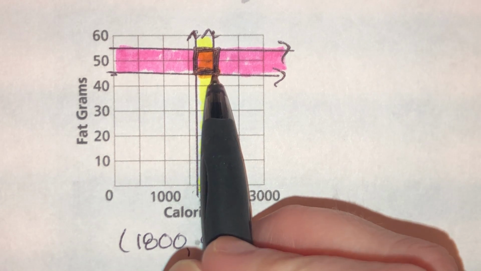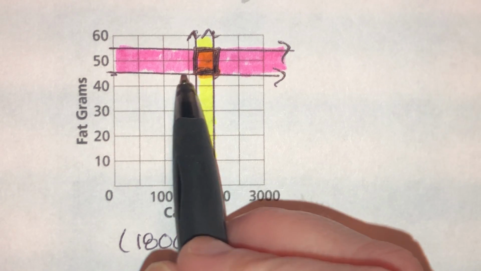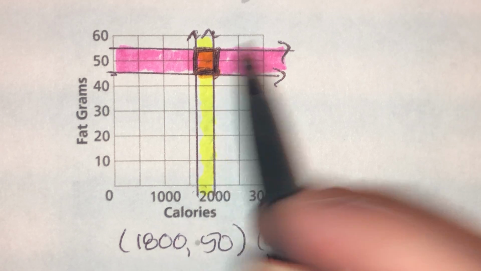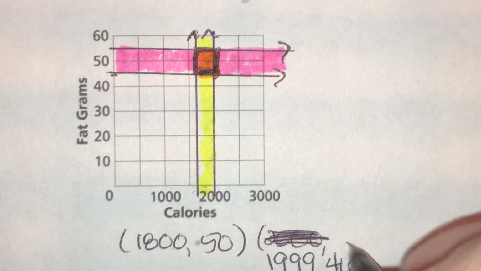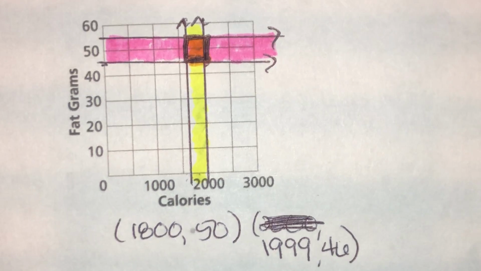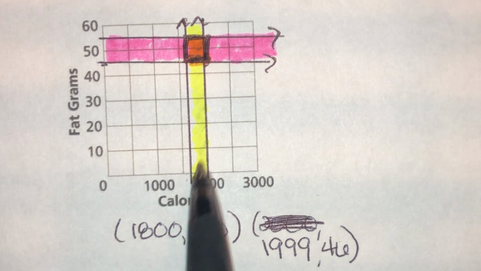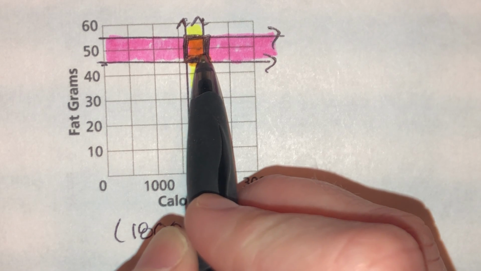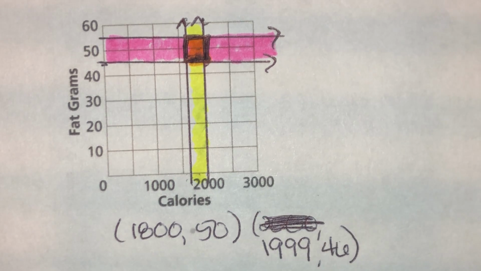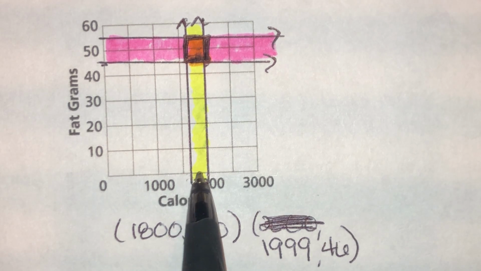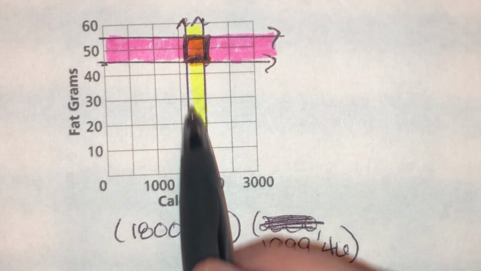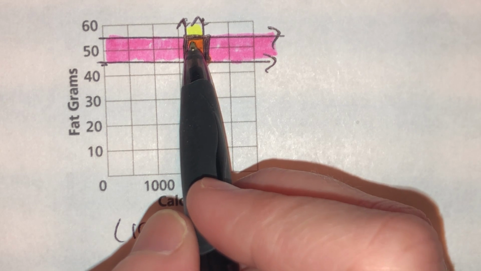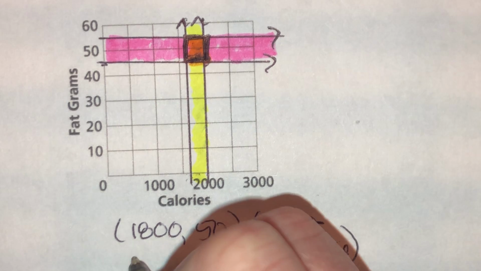And then instead of saying the very bottom here is 45, we could say 46. That ordered pair, if we were to graph it, would be almost here and just over here, so it would be in this little region, right? Or we could say he could have 1,601 calories and 54 grams of fat.